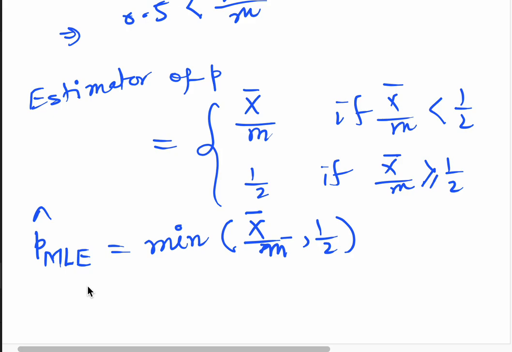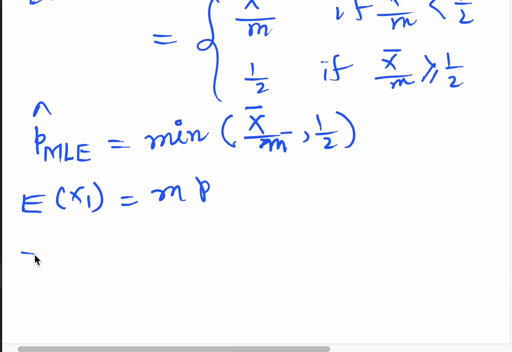That's it. So the estimator of the expectation of x1, that means mp, will be the minimum of x bar and m by 2. So that's it.